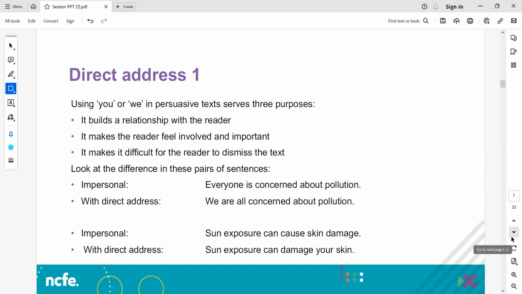So it's quite a simple technique, but it can be really, really impactful. So the next one, impersonal, sun exposure can cause skin damage. But changing that to direct address, it changes the impact. It makes it more persuasive. Sun exposure can damage your skin. So it's not just general, it's making it personal.